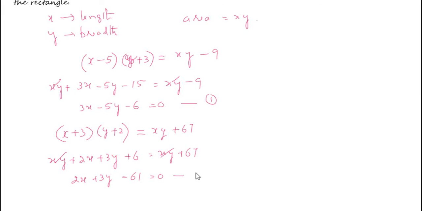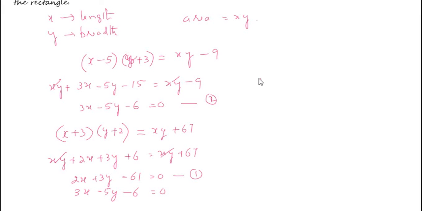So let us take this as equation 1. So we will call this as 2. Doesn't matter. So I will write it here again. 3x minus 5y minus 6 equal to 0.